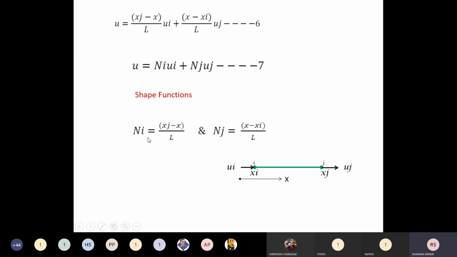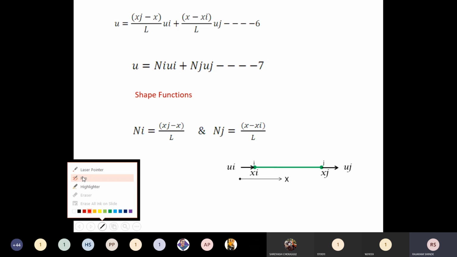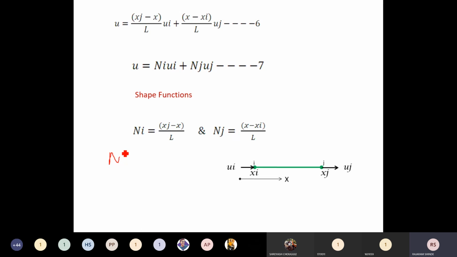Now can you tell me what is the value of shape function Ni at node j? 0. Okay. Ni at I it is 1, and Ni at j it is 0.